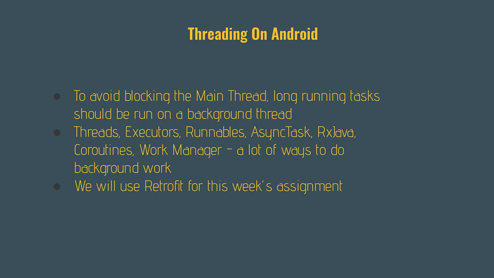And honestly, we haven't talked about most of these, and I don't want you to worry about most of them. Some of them have their place and are still popular in the world of Android. Others are maybe more deprecated, not used as much. Not important so much for our task right now. I just want to illustrate that there's a lot of ways to go around this because it is a complex problem.